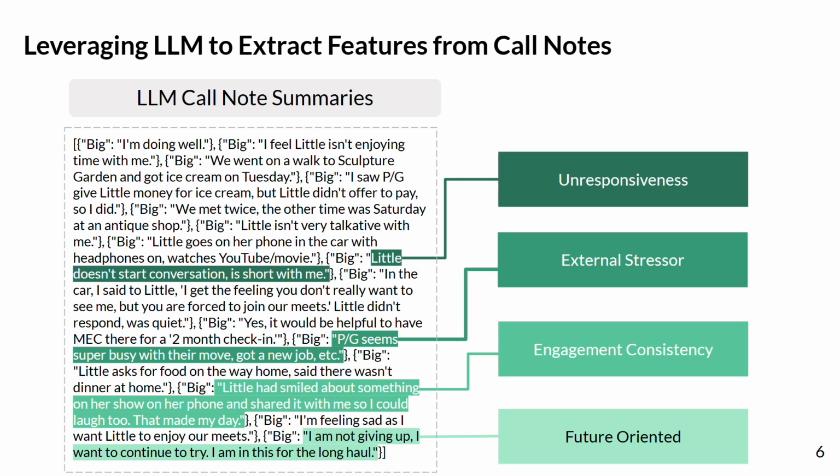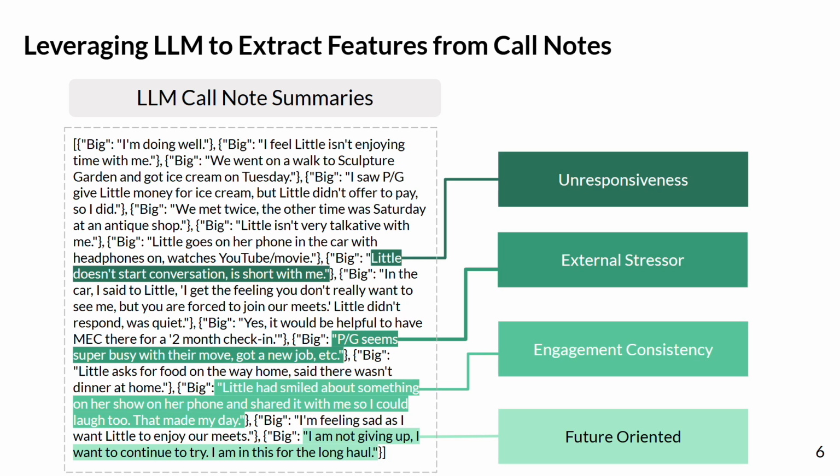When the LLM looks through all of the rows, because the LLM is interpretable and actionable, it sees that the Big says, "I'm not giving up, I want to continue to try," because they have a plan for the future. So the LLM will check that this row is future-oriented.